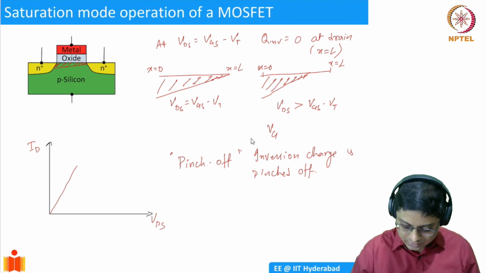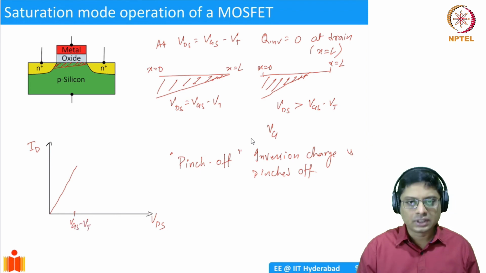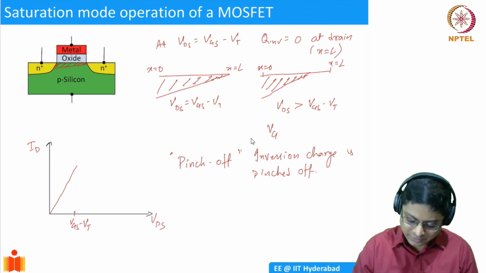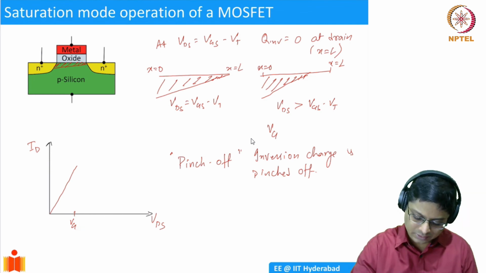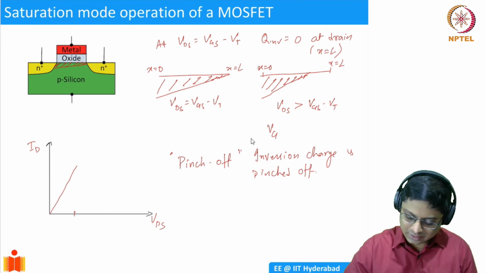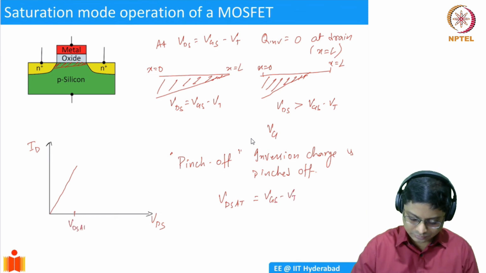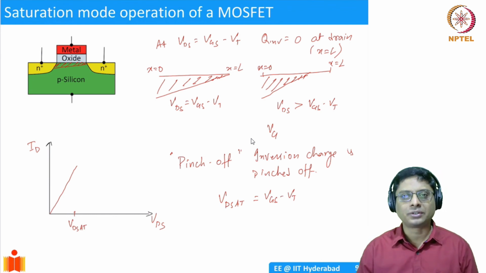But once, let's say, this is VGS minus VT, once you cross that threshold, this is a very special thing. We'll call it VD SAT. So I'll give VD SAT is equal to VGS minus VT. Okay. So this is VD SAT. VDS equal to VD SAT, then your channel has got pinched off.